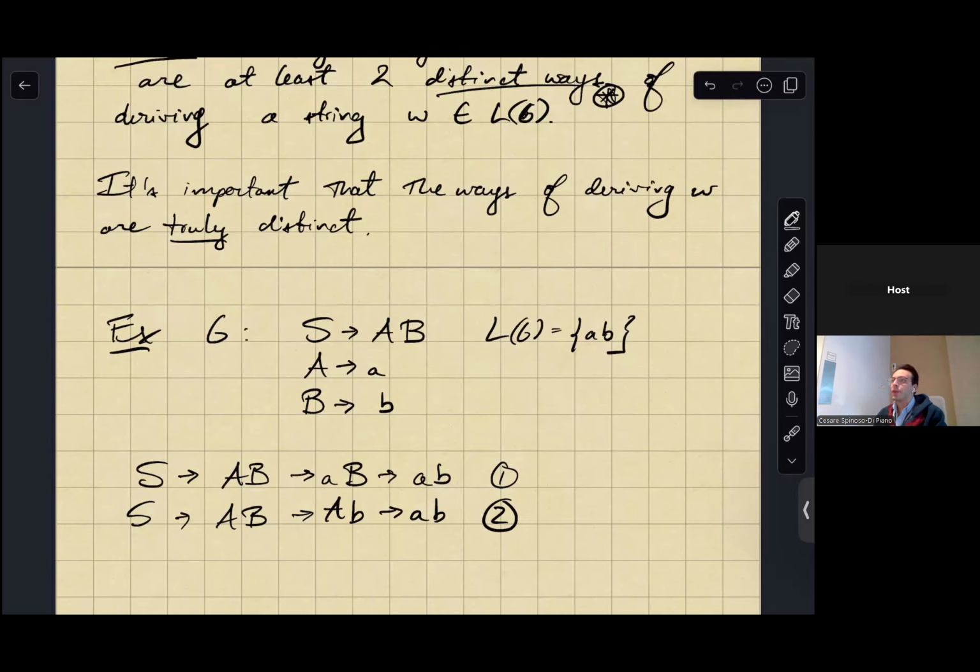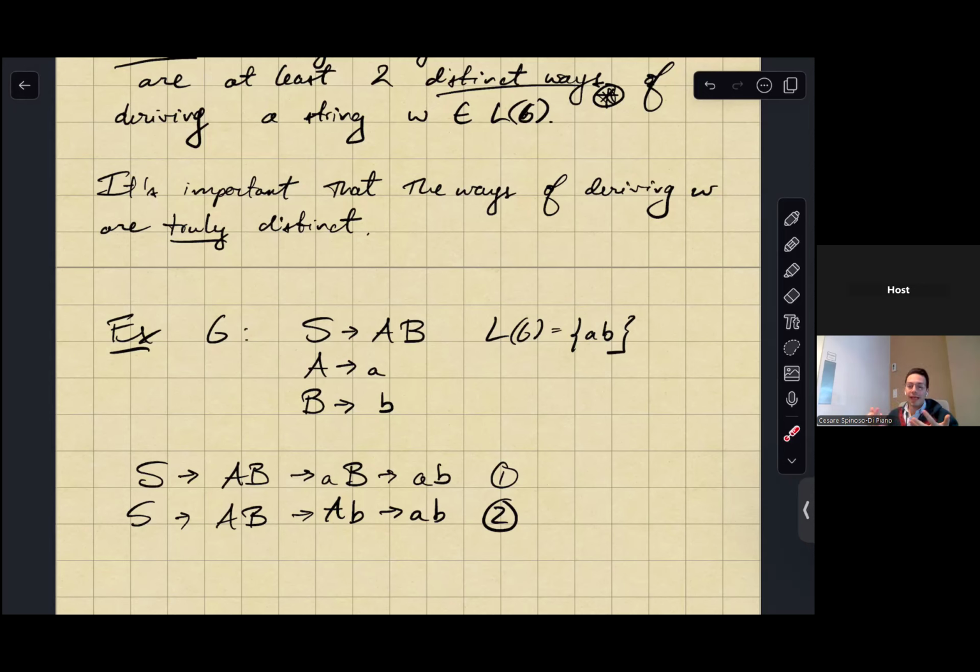But the problem here is that we're not using the same ways of deriving the strings in both cases, right? There are many different ways of deriving a string just because I'm arbitrarily choosing what production rule to use at any given moment.